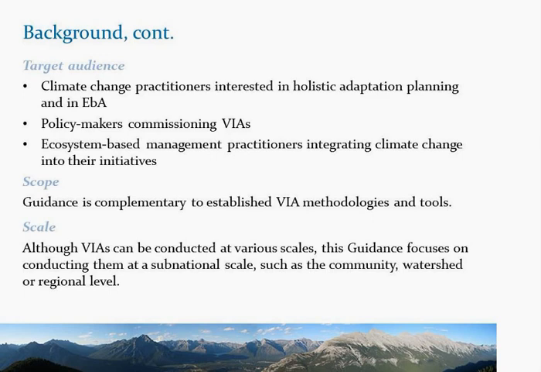And because of the background of the project, the guidance was primarily intended to support vulnerability and impact assessments that are conducted at a sub-national scale, even though a lot of the information could also be relevant for national scale assessments.